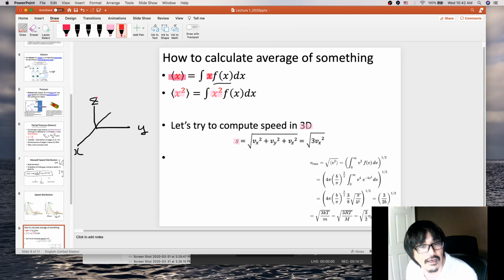And then I have this 3D vector here, and that vector has an x component, a y component, and a z component.